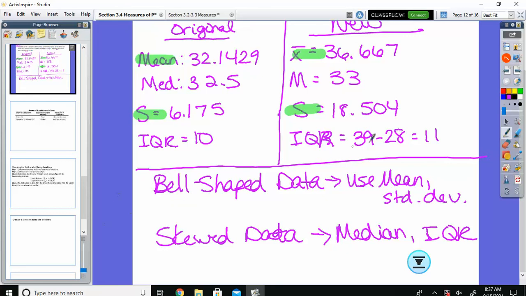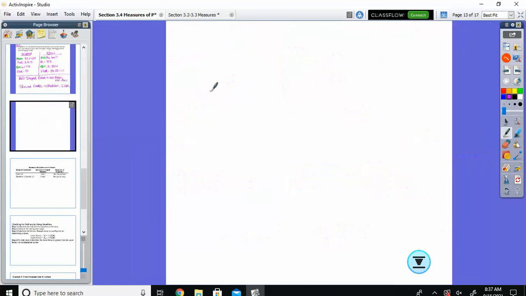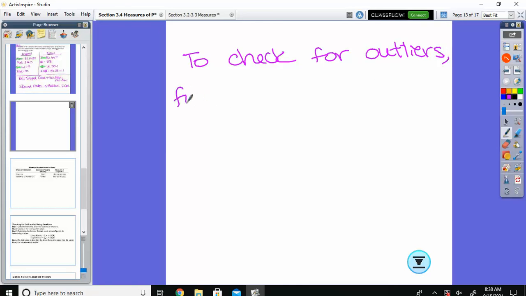So we need to know how to find outliers. And that is done by finding what are called the upper and lower fence. If you look on your formula sheet, that is on there. So to check for outliers, find the upper and lower fence.